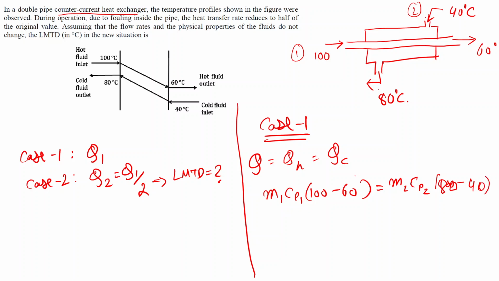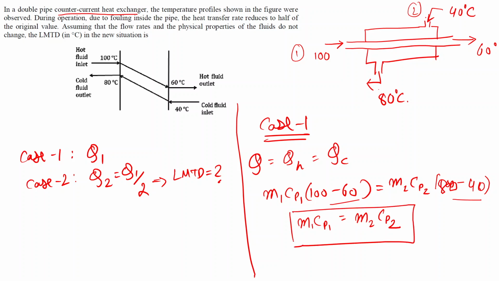So this difference is 40, and this difference is also 40, so we will be having M1 Cp1 is equal to M2 Cp2. So this correlation we are having.